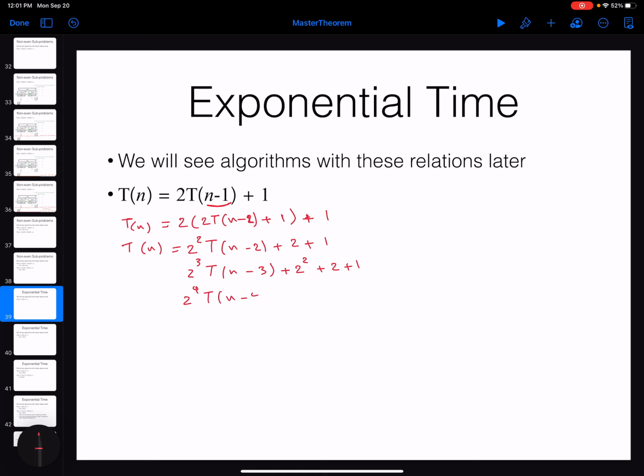After a couple of steps, what you will see is that the size of the problem is decreasing by 1, and each time you are adding another term of 2, and all these terms will be added.